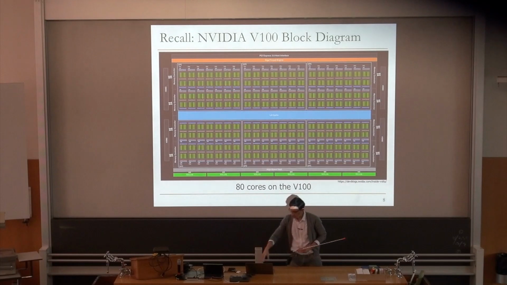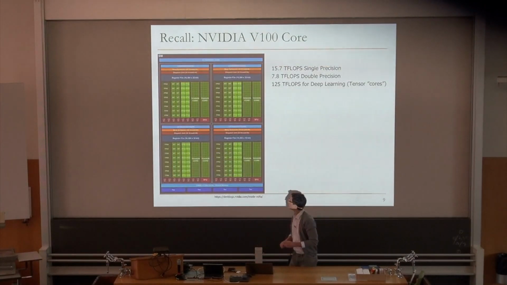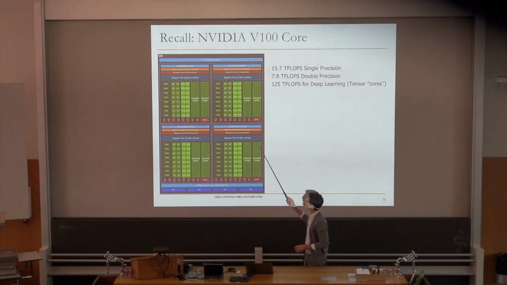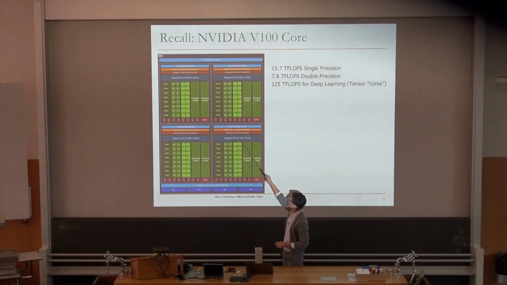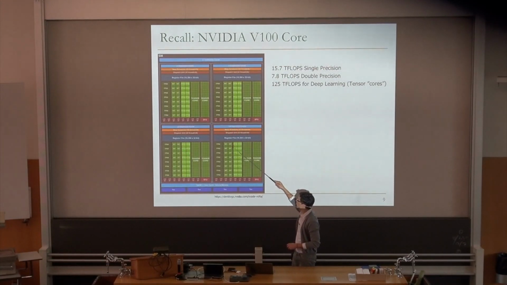If we look at them, we see that they are composed of different components, among which we can highlight the instruction cache, the warp scheduler, and the dispatch unit, which read from the instruction cache and issue instructions on these execution units.